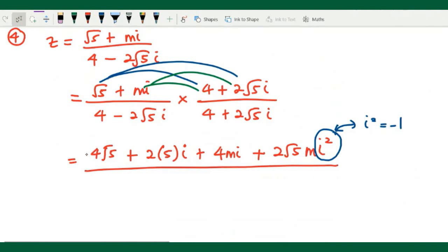Boleh kembang terus ataupun kalau kamu ingat formula when a complex number is being multiplied by its own conjugate, A minus BI square, awak boleh terus dapat the answer as A square plus B square, tanpa perlu kembang satu-satu lah. Okay, kalau ingat boleh pakai. Okay. Kalau tak ingat tak ada masalah, boleh kembang satu-satu lah.